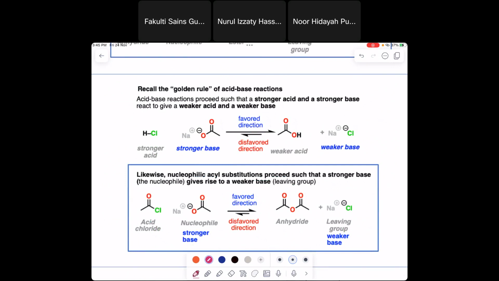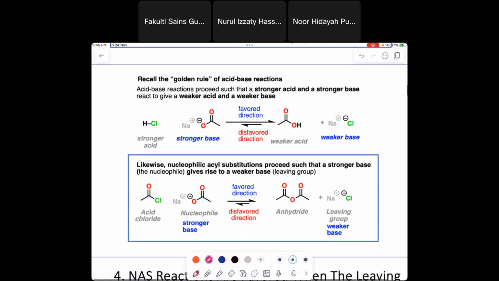So an acid-base reaction will only proceed if you have a stronger acid and stronger base, and the reaction gives off a weaker acid and weaker base. Okay, you can see the favored direction because this is an equilibrium. So it will give you a weaker acid and a weaker base.